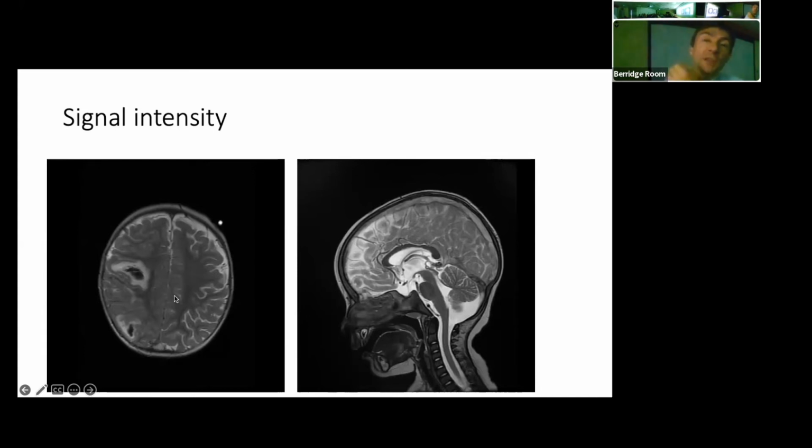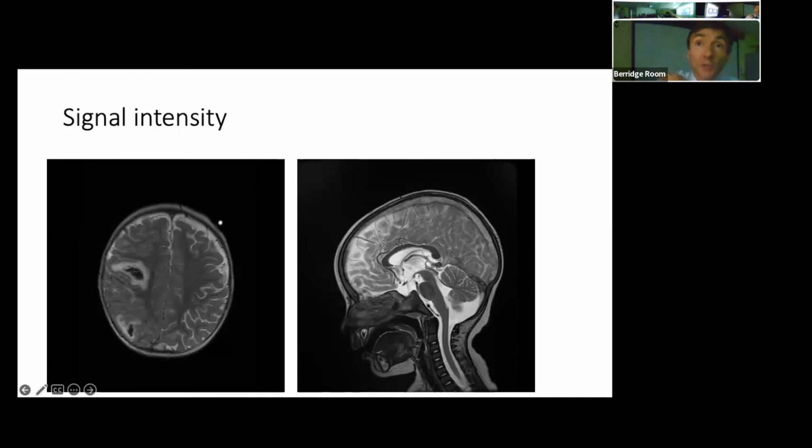But as we said, fairly acute blood products, deoxyhemoglobin, which starts to develop probably at about 24 hours after the blood clots, is also shown as low signal on T2. So if you see that in a vessel, that will then mimic flowing blood.